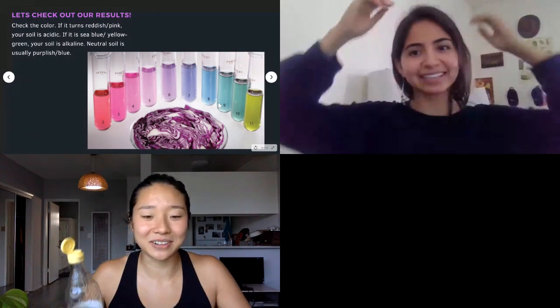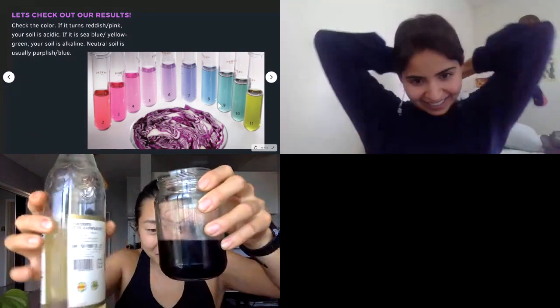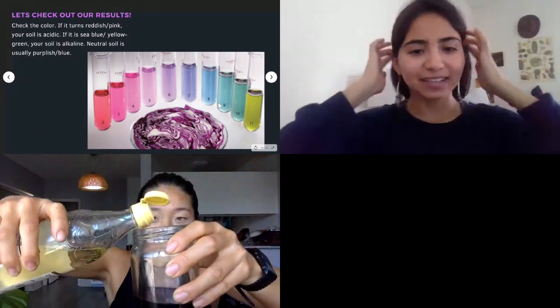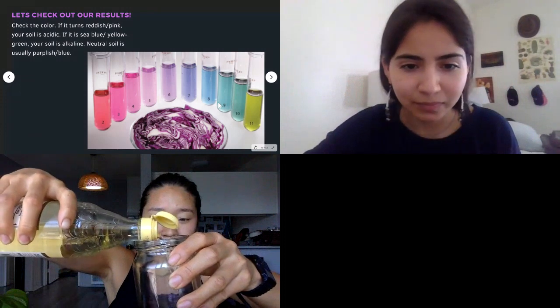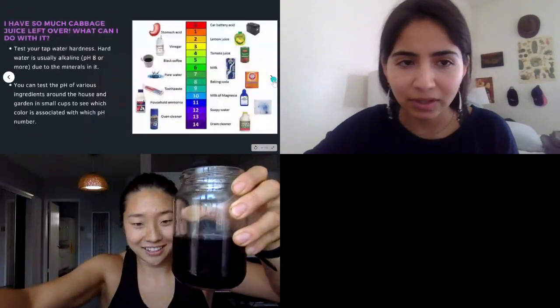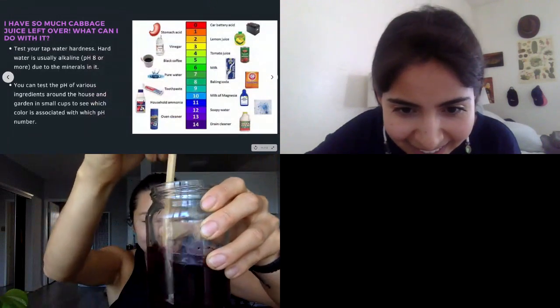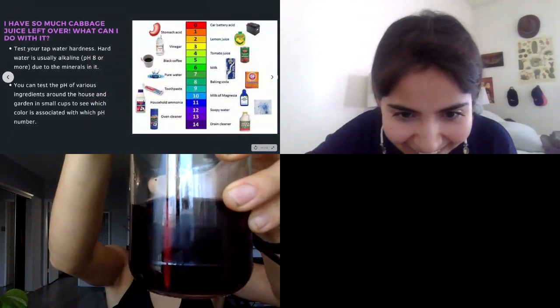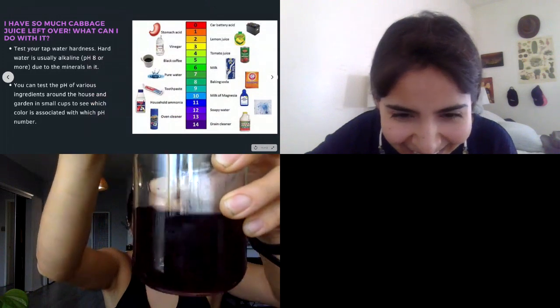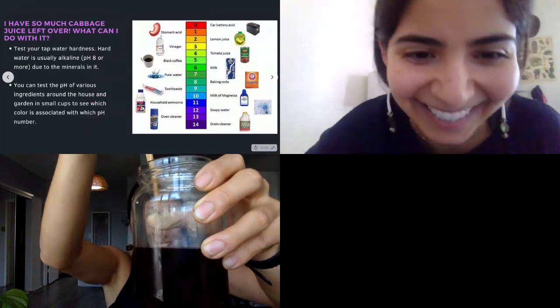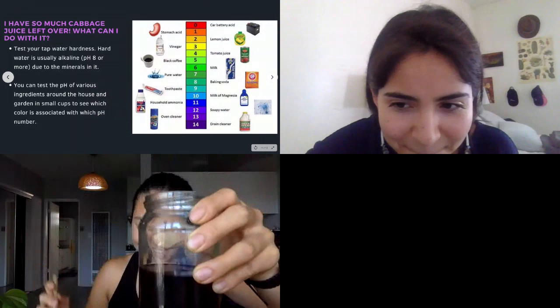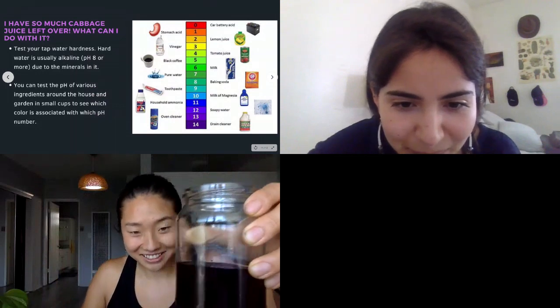Really quickly, just because mine was boring. So I just have vinegar here and cabbage juice. Ta-da! I don't know if you can see it yet. Can you see how pink it is? Cool. Maybe I'll get a flashlight later.